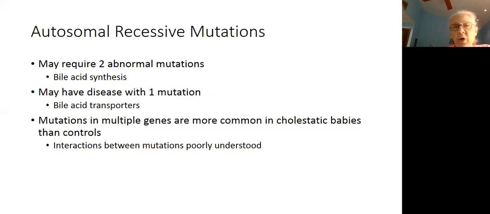We also know that multiple mutations are more common in babies with cholestasis, and those are multiple heterozygote mutations. And there seems to be a suggestion that the interaction between deficiencies of transporters may be important, where having just 1 mutation may not be.